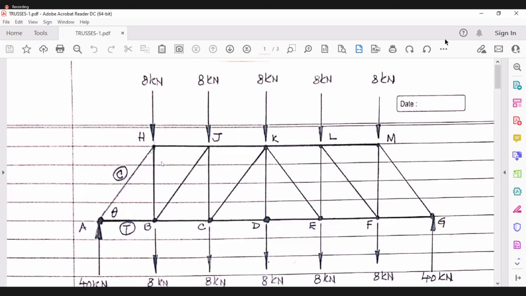the truss will try to deflect downward. Look, dear friends, suppose I take one solid rod, support it at the two ends, and I give a force like this.